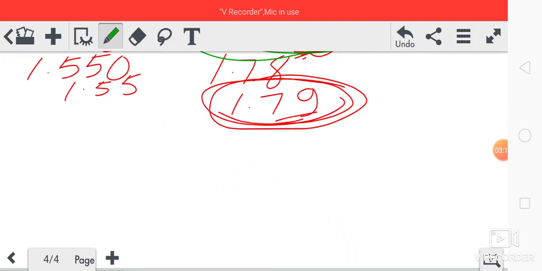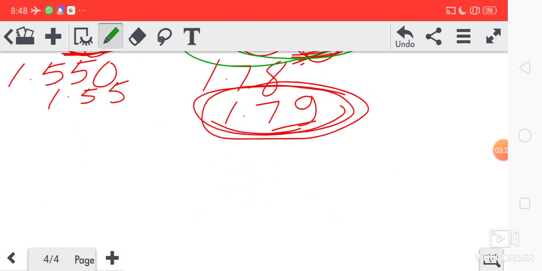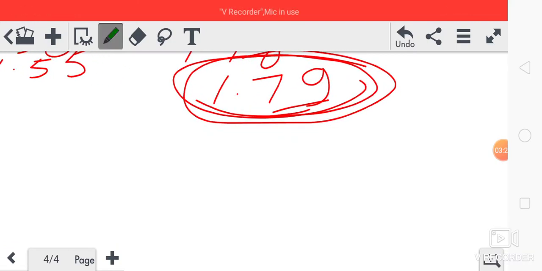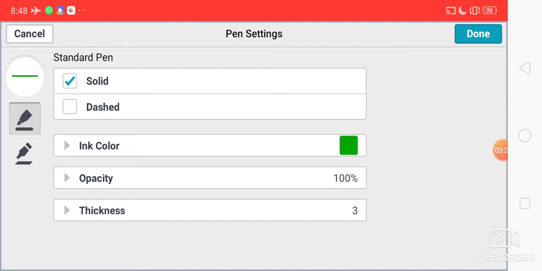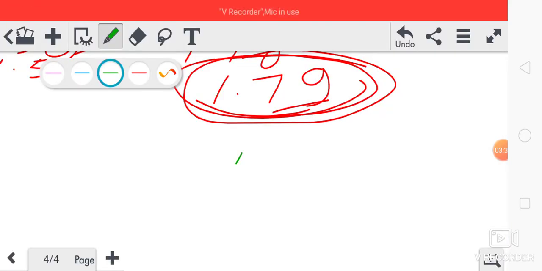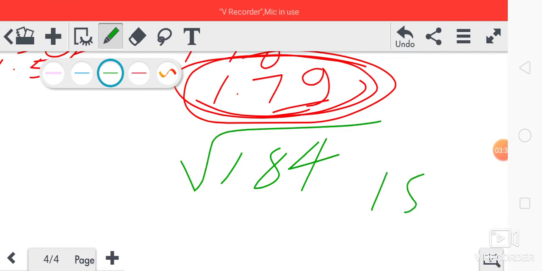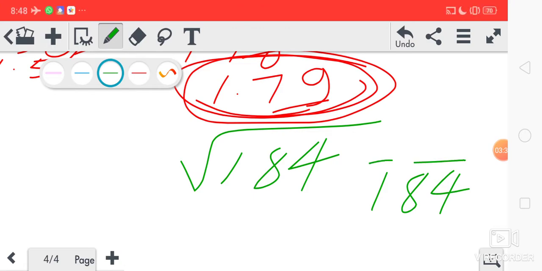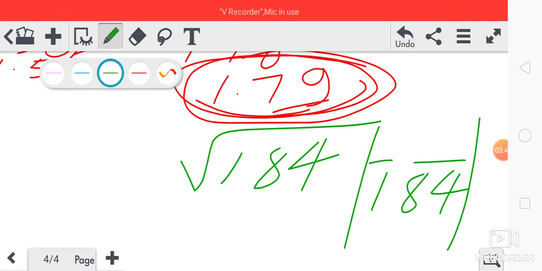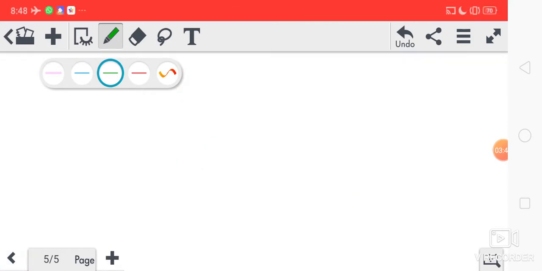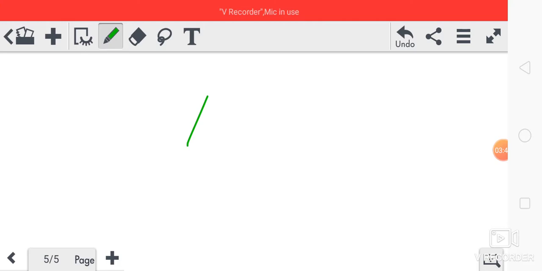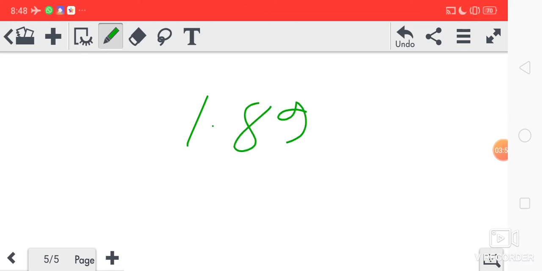Okay, now one more thing we have to discuss. Till now we have seen finding the square root of, suppose, 184. We were finding it with a two-digit pair, then a single-digit pair. Now if there is 1.89, what we have to do is, from the left side and right side, take two digits, then after the decimal one digit is there.